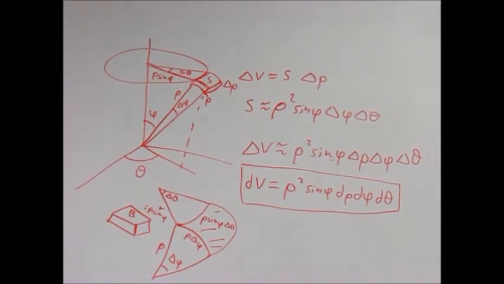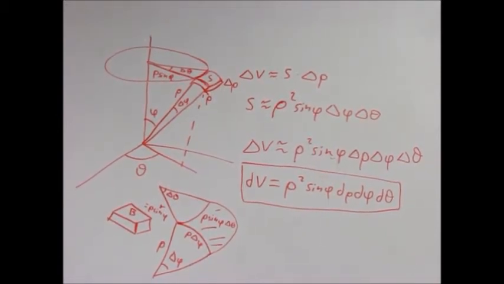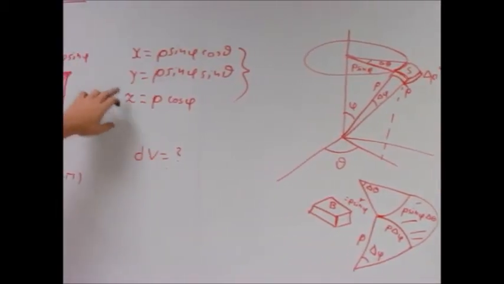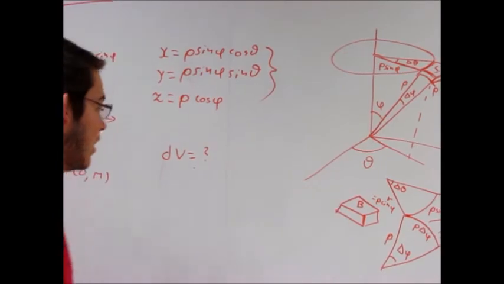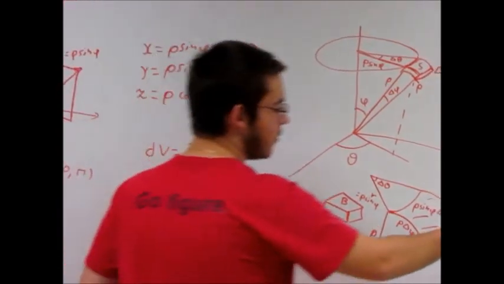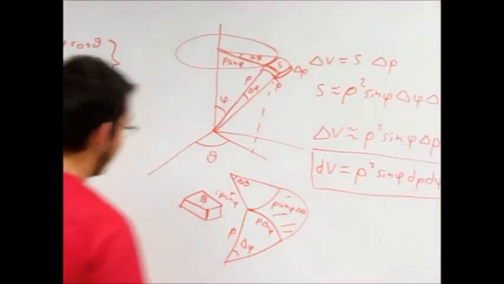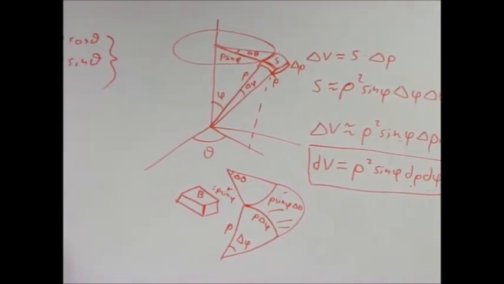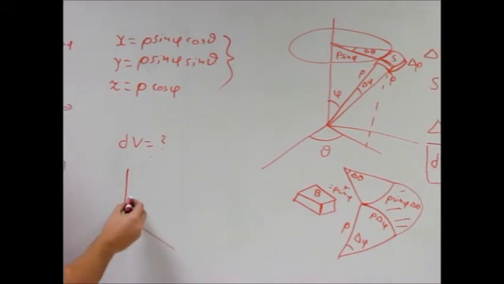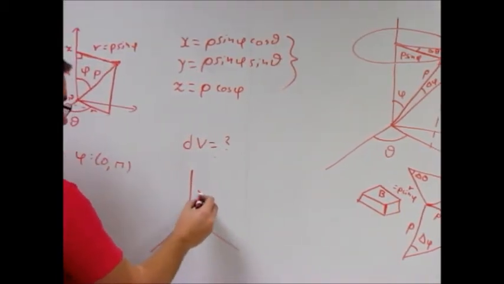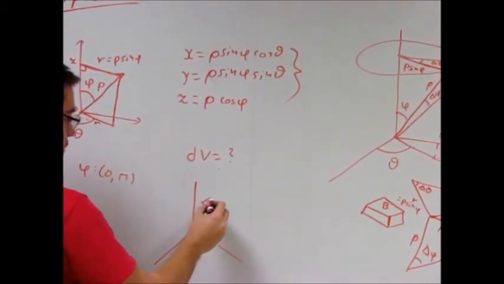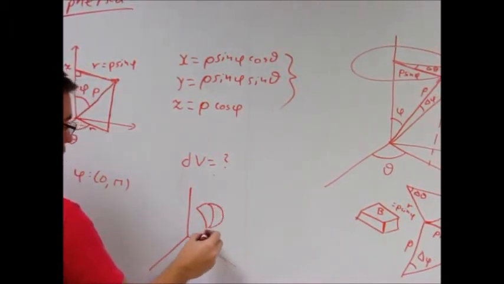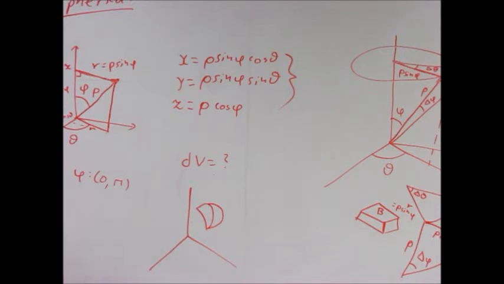And so you can integrate triple integrals in spherical coordinates, and here's a conversion from x, y, z, and your dV becomes this. Most of the time, this will be the order of your integration: rho, phi, and then theta. Because most of the time, you'll have figures that look something like this, something that's curved.